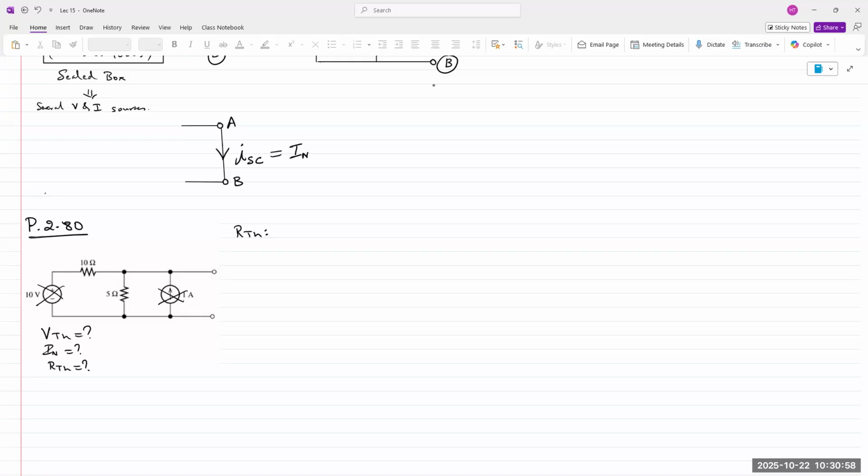So we have to remove them. So to set up the circuit, if your setup is incorrect, nothing else matters after that, right? It needs to be set up correctly. So for RTH, I have a resistor here.